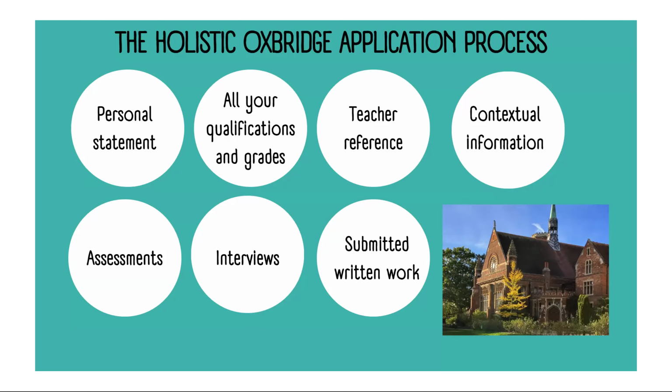We also will obviously look at these assessments that we're going to talk about, your interviews, how you've performed in those, and there's usually multiple, so it's not all on one. And we might also ask for some written work that you've done in school, in which case we will also look at that. And we always say that every part of the process is as important, so it's not worth being really heavily scared about one particular aspect because actually we look at everything.